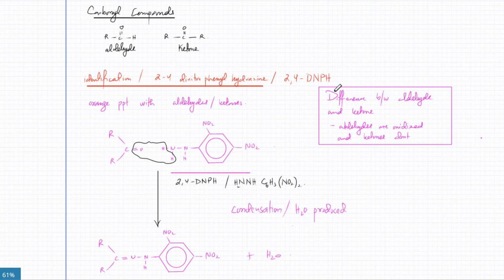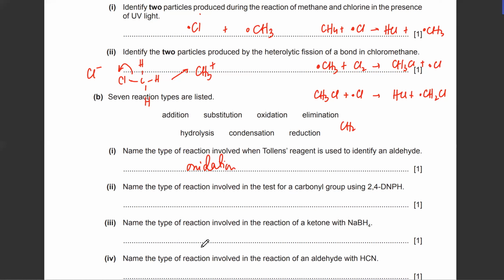This is 2,4-DNPH. You get an orange precipitate with aldehydes and ketones. So the type of reaction involved in the test for a carbonyl group using 2,4-DNPH is condensation. Right? Is that clear?